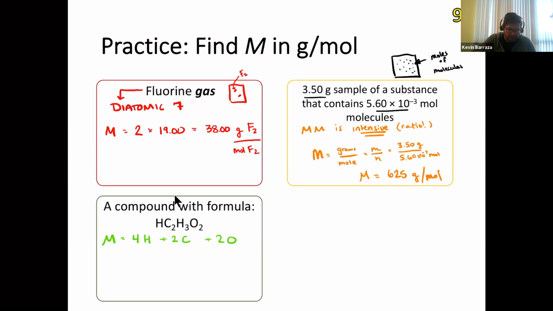What's the number for hydrogen? Its molar mass is 1.008. Carbon is 12.01. And oxygen is 16.00. So that's going to come out to 60.05 grams per mole.